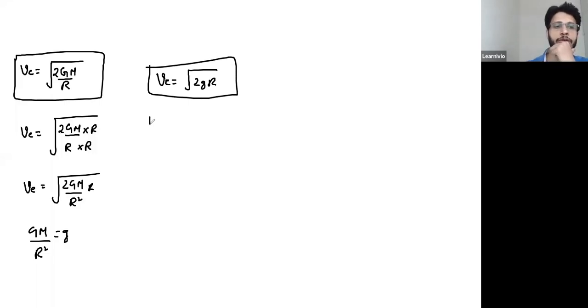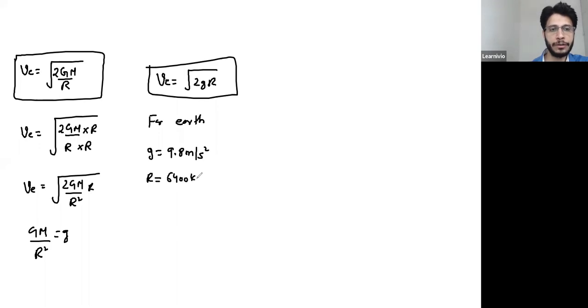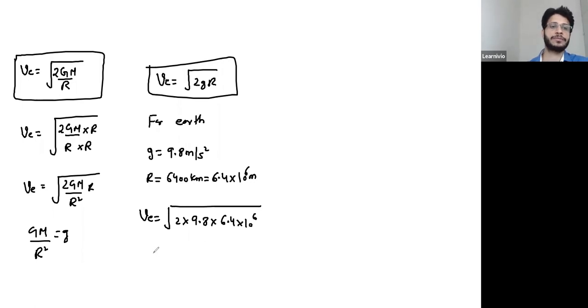If you want to calculate this value for Earth, just put g equal to 9.8 meter per second square and R equal to 6400 kilometer, that's 6.4 into 10 raised to power 6 meter. If you substitute all these values, the escape velocity comes out to be root over 2 into 9.8 into 6.4 into 10 raised to power 6.